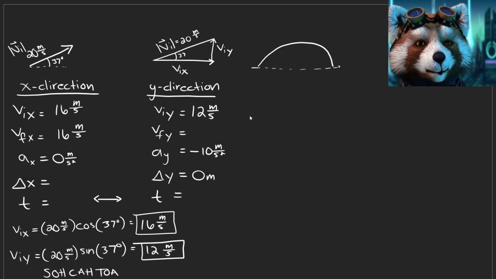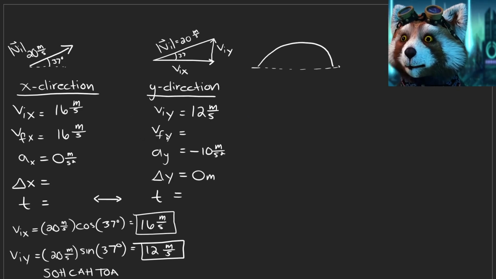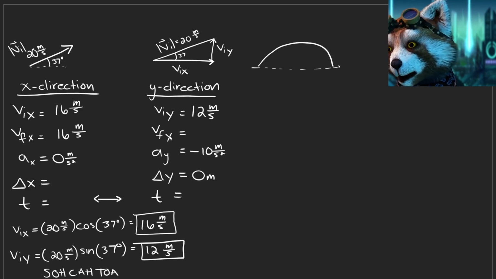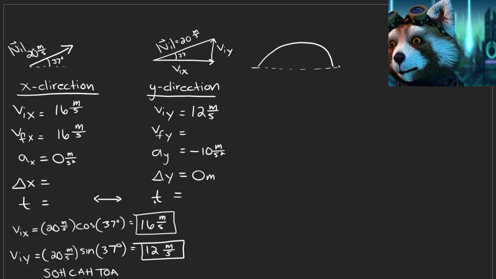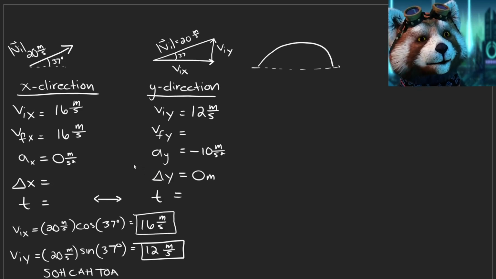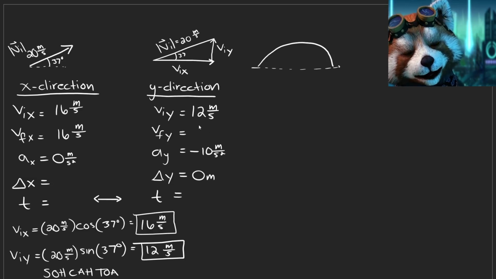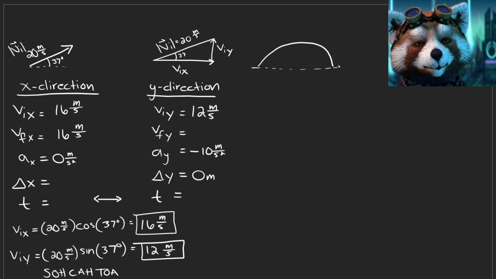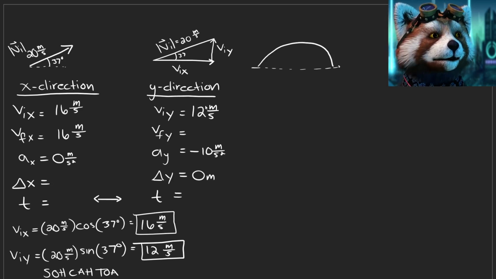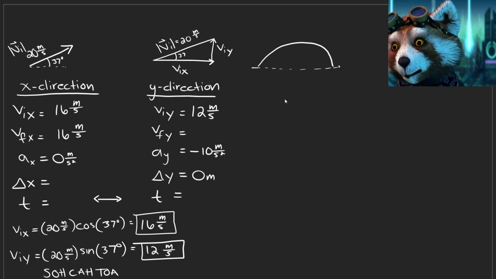So the first thing that I would probably want to do here, well, you can find velocity final in the y, you can find time first. It really does not matter. So let's go ahead and find the final velocity. Why not? Okay, so we will use equation 4 for that.